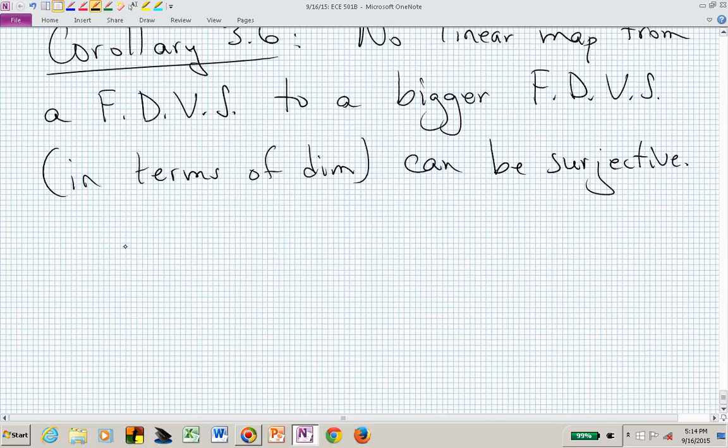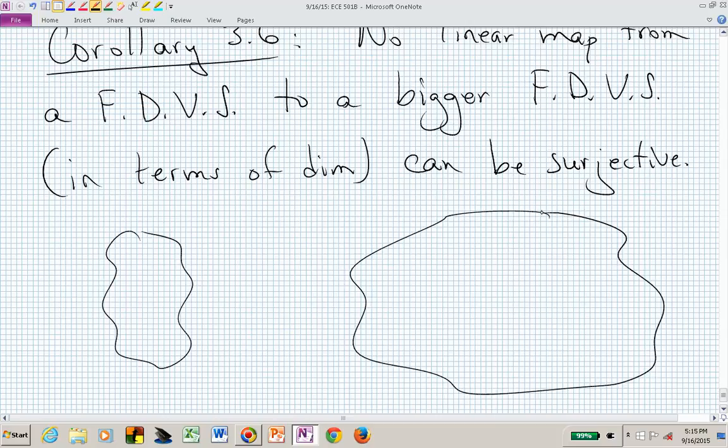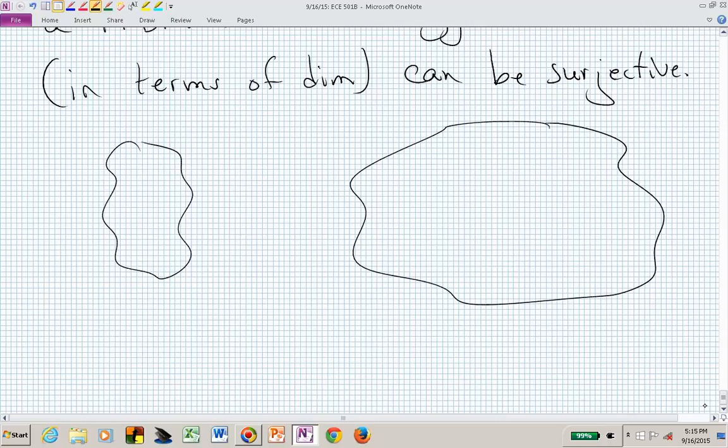By that, now we're starting with a small V and going into a big W through this map T. So the dimension of V is small, and the dimension of W is big.